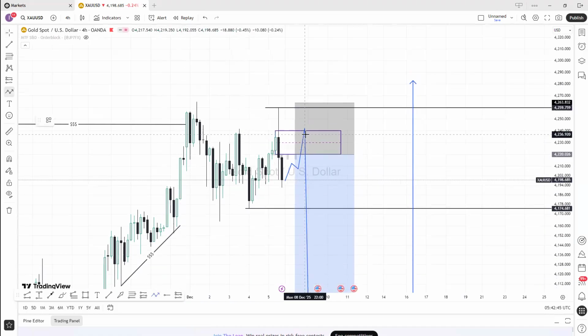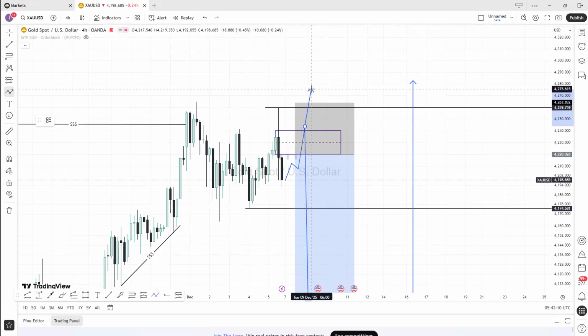In case we never get any confirmation on that supply zone, it means price will break that high. So do not enter without confirmation. Wait for confirmation for taking a short position. If price never shows you any kind of confirmation, do not enter.